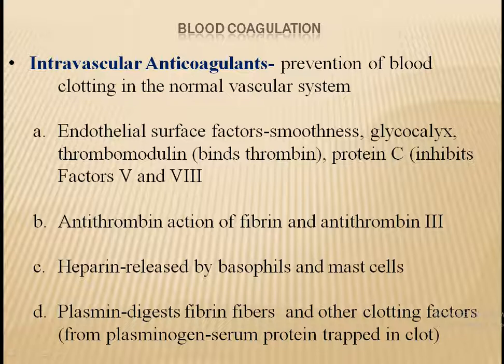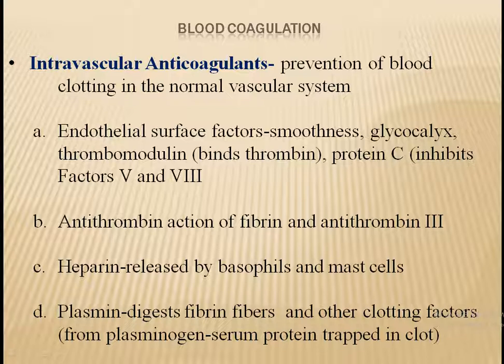Regarding the intravascular anticoagulants, that is, the prevention of blood clotting in the normal vascular system, this is a very important topic. But more important is that once the coagulation process takes place at a local site, and all the clotting factors are present in the blood, how are the other sites of our body prevented from excessive coagulation?